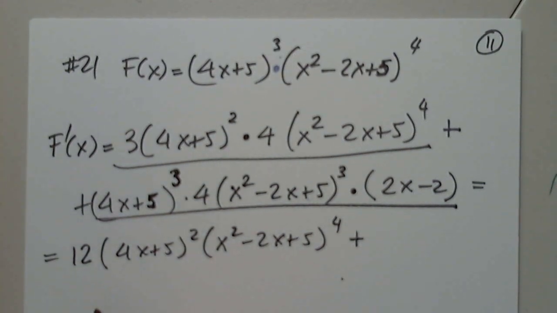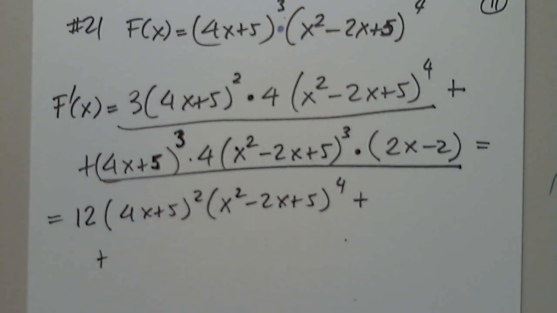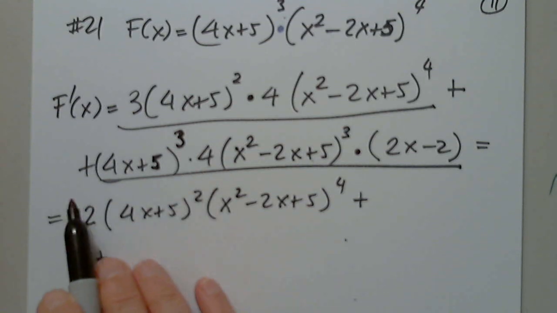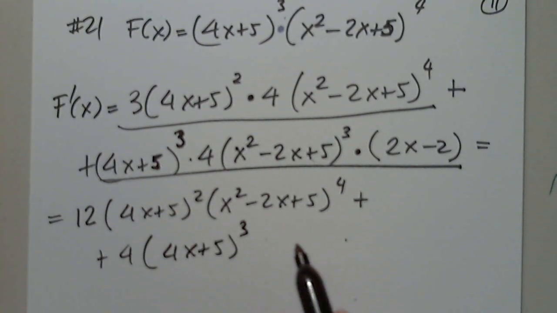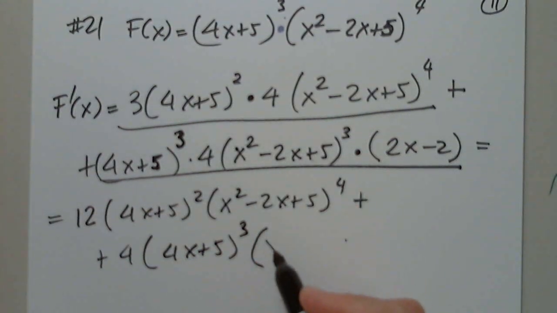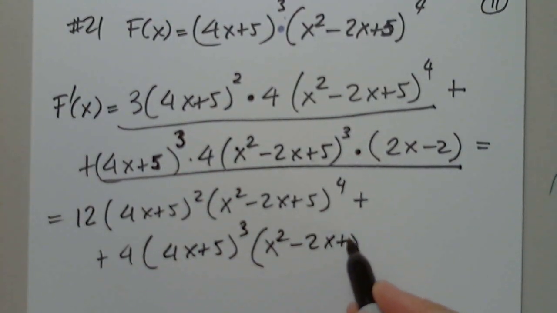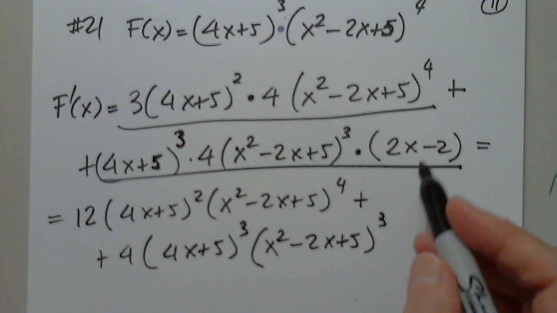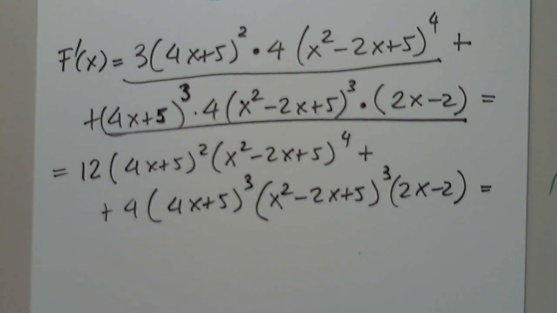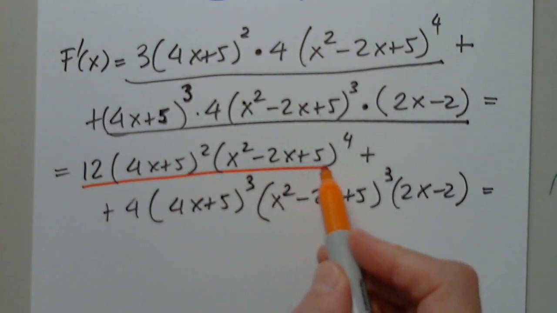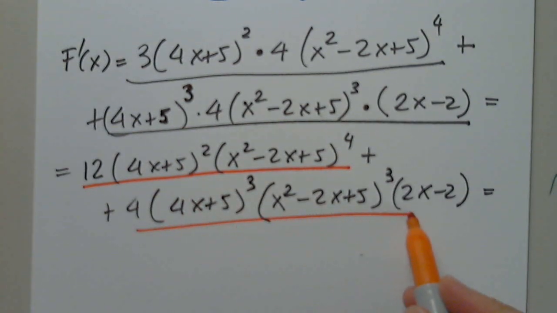I don't have enough room, I write as big as I can. So there is a 4, put it in front: 4 times 4x plus 5 to the third, times x squared minus 2x plus 5 to the third, times 2x minus 2. Now let's take a look. This and this have common factors.